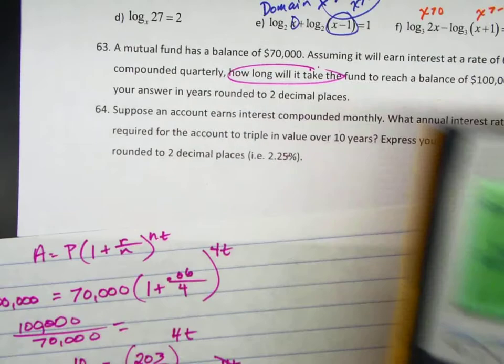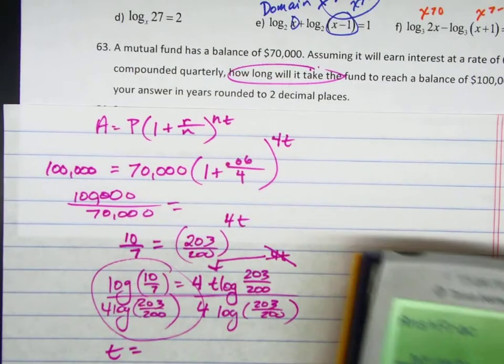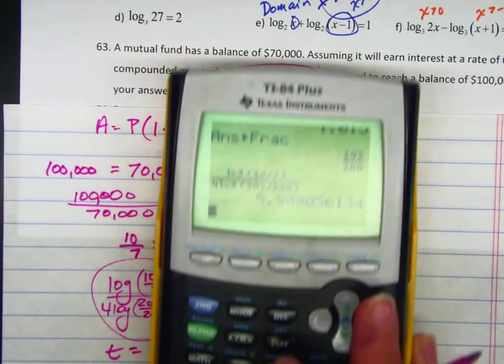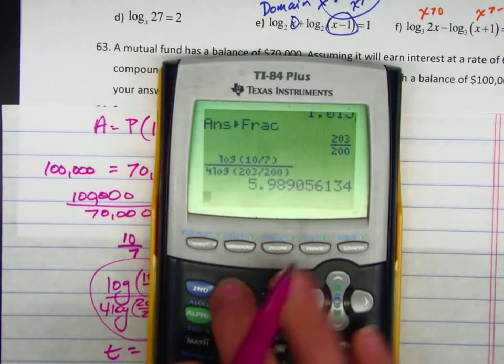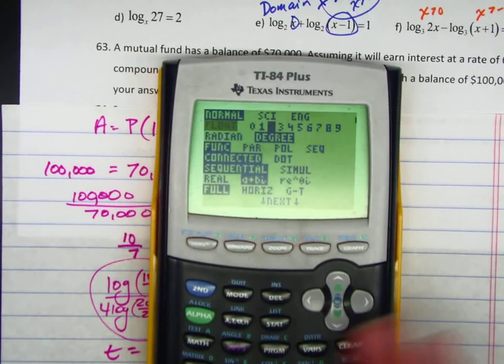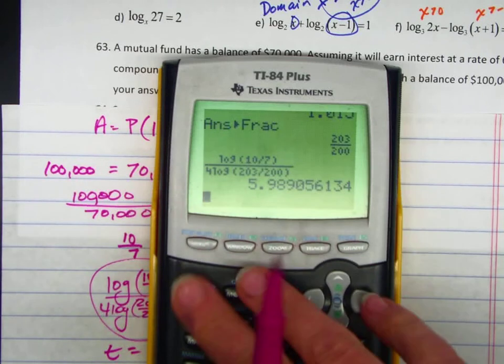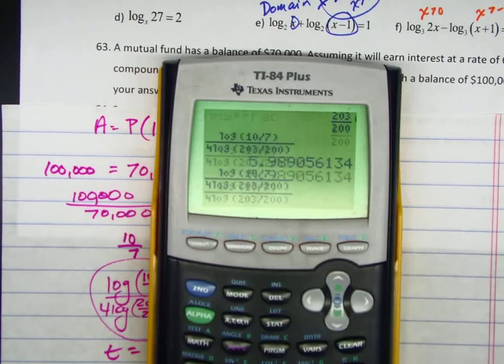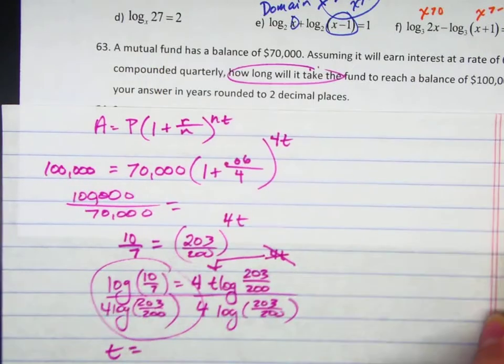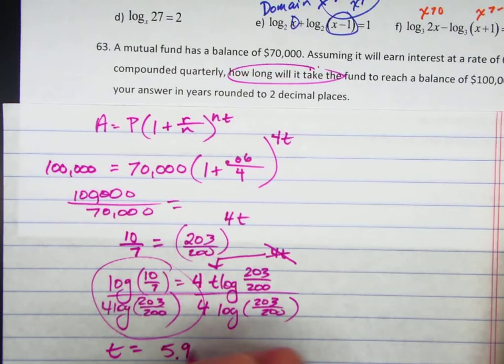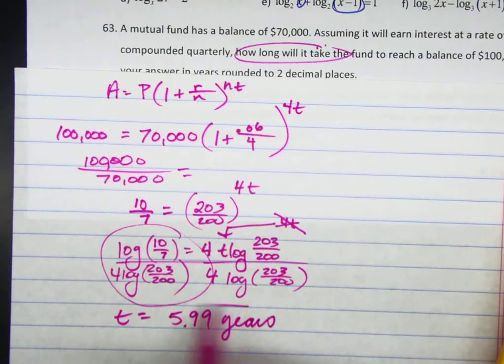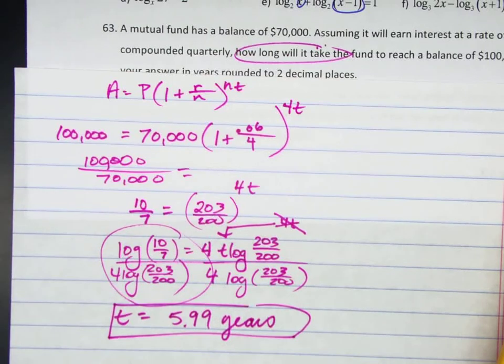Okay, and so what does it tell us? We're going to round our years to 2 decimal places. If you're unsure, you're not the best rounder, which, grading, I know most of you are not. And so we get 5.99. All right, so 5.99 years for number 63.